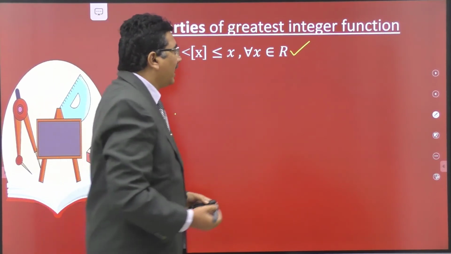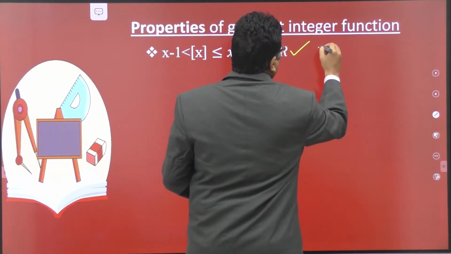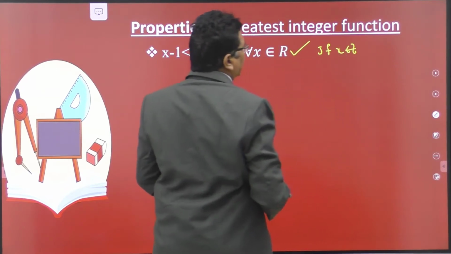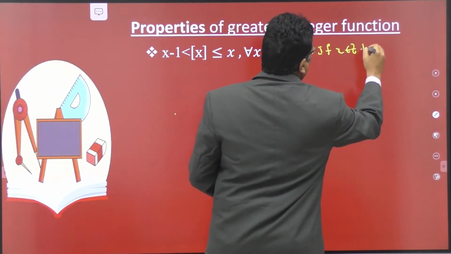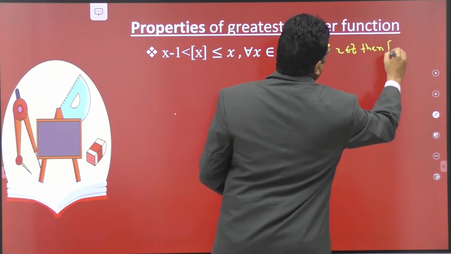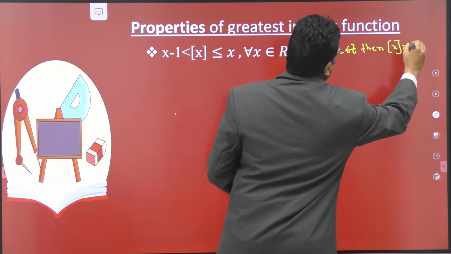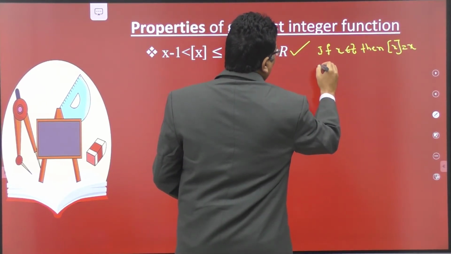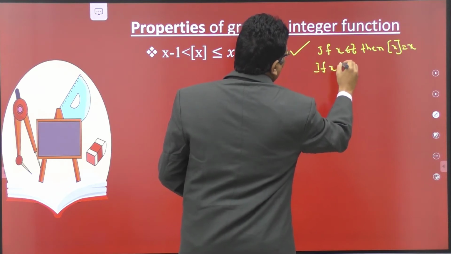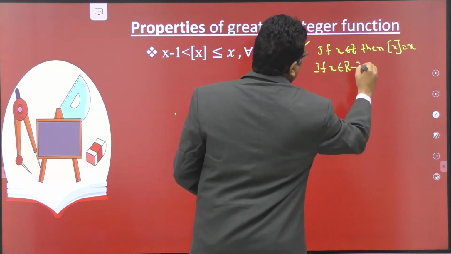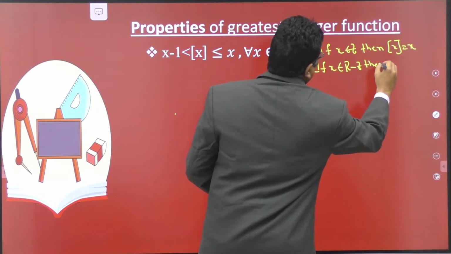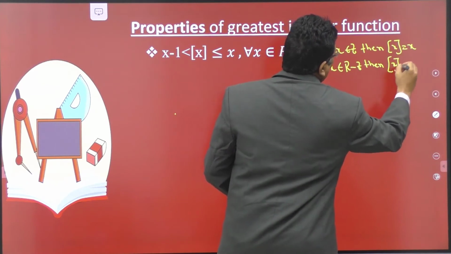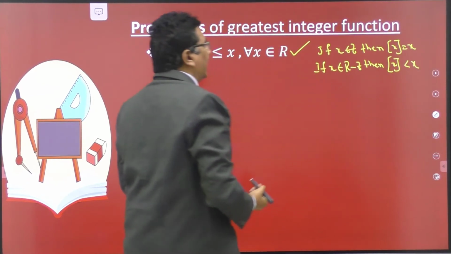Right. If x belongs to Z, what is box x? If x belongs to Z, then box x is equal to x. Now, if x belongs to R minus Z, then box x is always less than x.